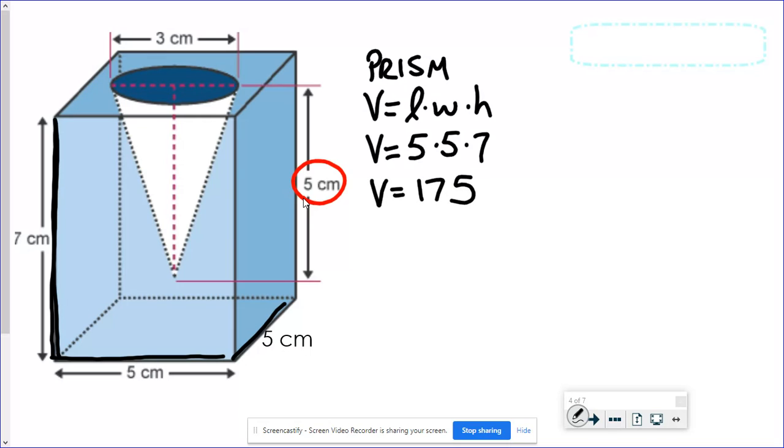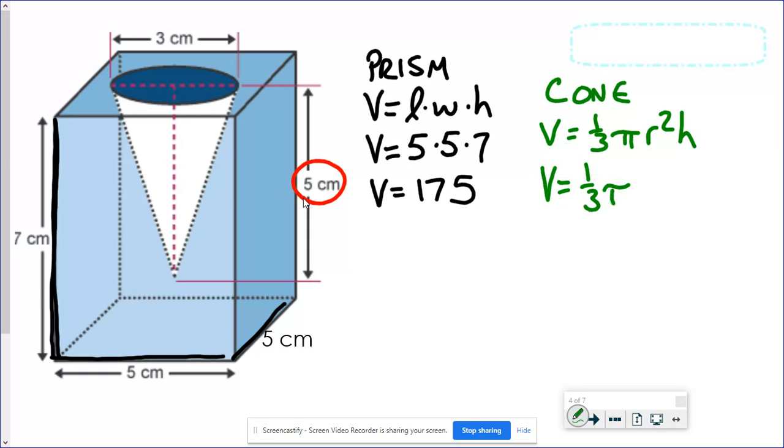Then for the cone, volume is 1/3 pi r squared h. The r, we have to be careful with here because they give me the full diameter of this cone, which is 3 centimeters. So the radius is going to be 1.5 centimeters.